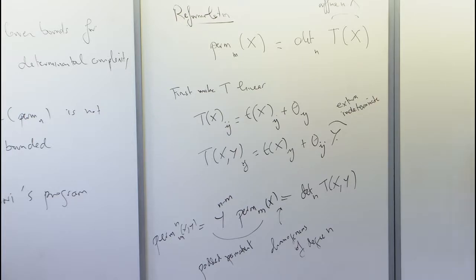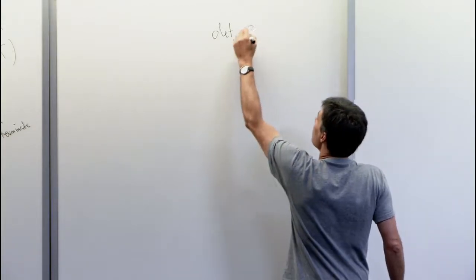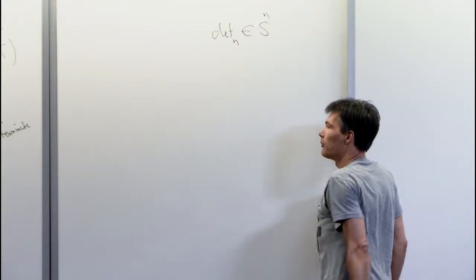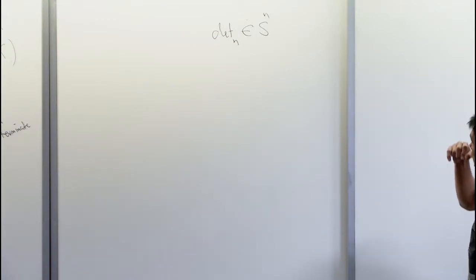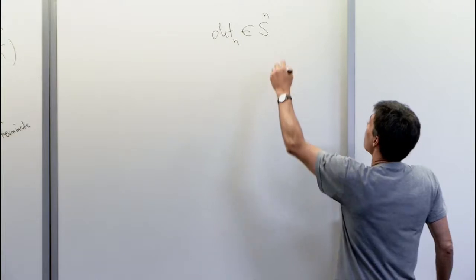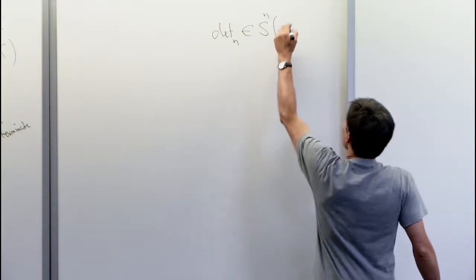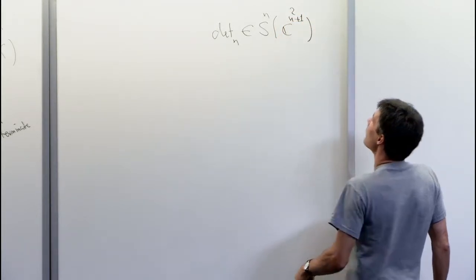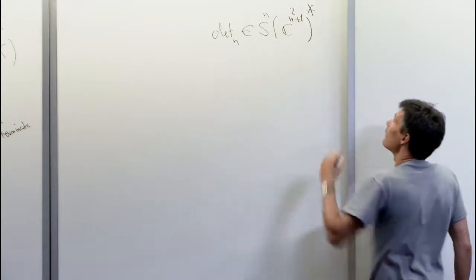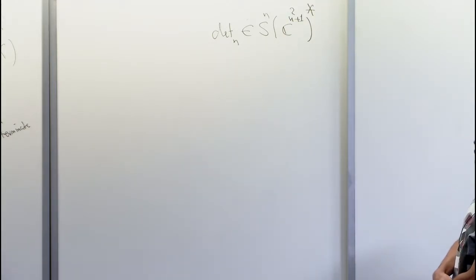So then we look at the determinant of size n. So that's a polynomial in the entries of a matrix of size n, so we have n squared entries. Okay, but I added one, so I will consider this as a polynomial in n squared plus 1 entries. So this is a notation for the space of polynomials of degree n in n squared plus 1 entries.